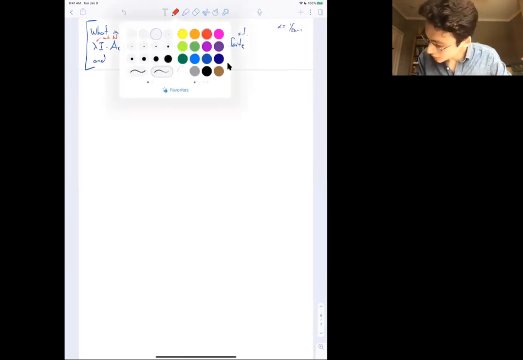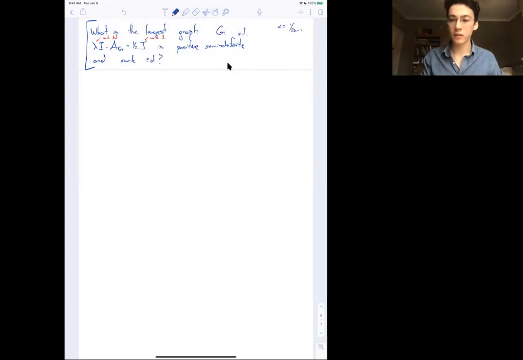So we start with lambda I, which is very big rank. We're going to add 1/2 J, which is rank 1, so it's not going to affect the rank by very much. So subtracting off A_G must decrease the rank by a lot, or else there's no way we're going to get down to rank D.